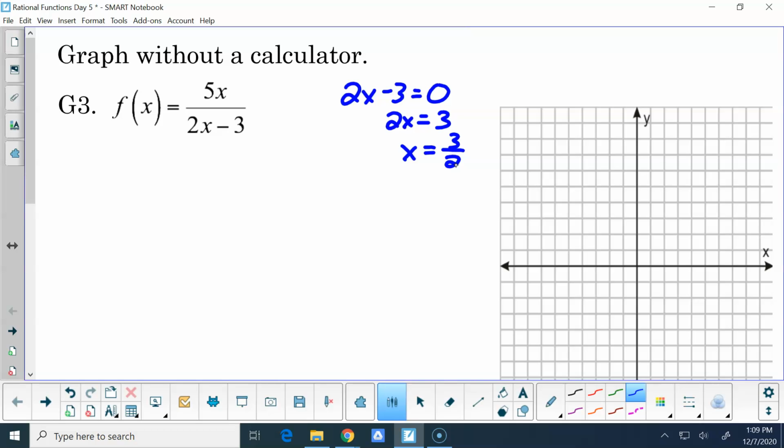So what would be my domain then? What would the domain of this rational function be? All real numbers, but it can't equal 3/2. Love it.